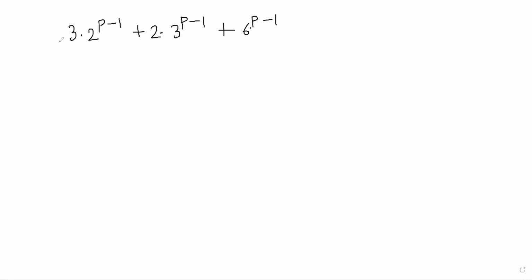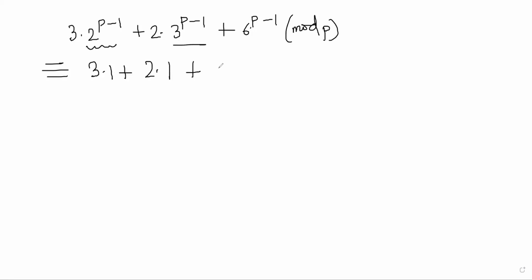If you think of this expression modulo p, this is congruent to 1 mod p, so this is 3 into 1. This is also congruent to 1 mod p, so this is also 1. And this is also congruent to 1 mod p. So this is overall congruent to 6 mod p.